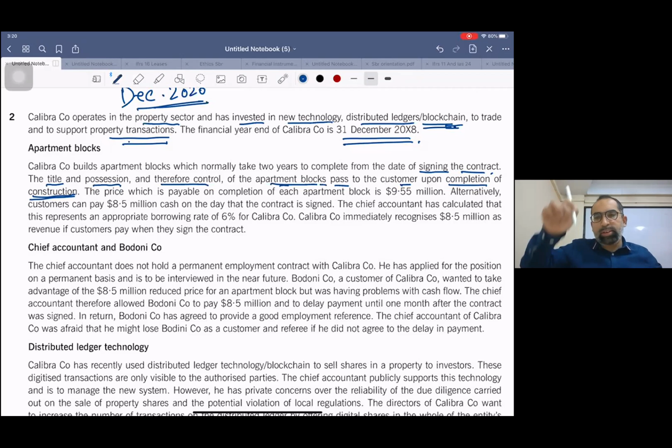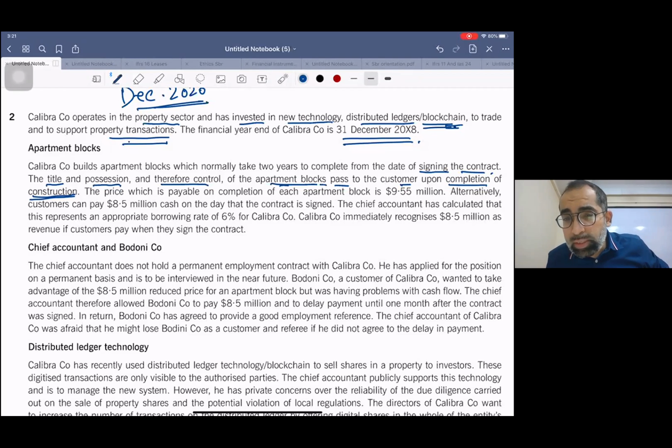You deliver goods or services now and you take cash after 1 or 2 years. So in this first case, there is a material delay between the delivering of goods or services and receiving the cash. In this case, you need to do discounting. This is the first case.